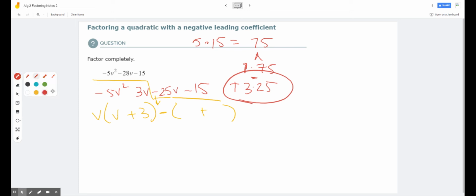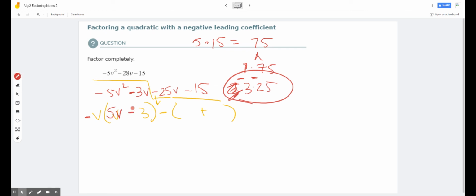All right, my bad. Go back to here. To get negative 28, both of these have to be negative. I still am not positive about the signage, you guys. So I guess we'll find out. I'm going to factor out a negative v, and then this is going to be 5v, and this has to be minus 3.